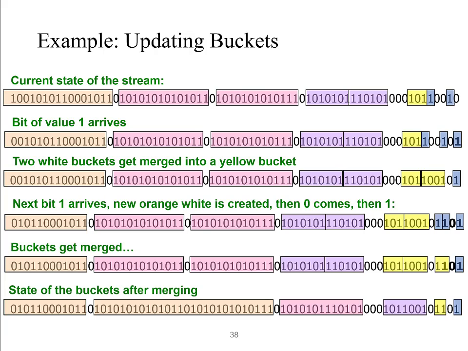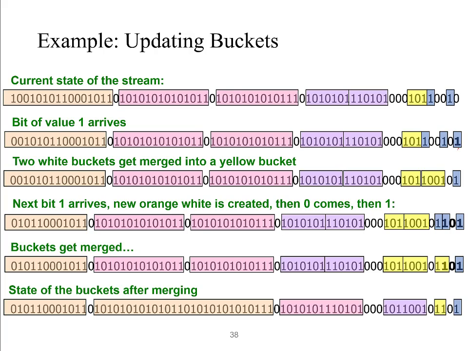Now a bit of value 1 arrives, right? Because if a bit of value 0 arrives, we do nothing, except we might drop the oldest or leftmost bucket. So the example is about a bit of value 1 arriving.